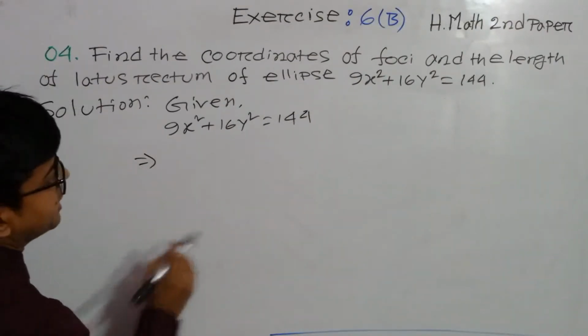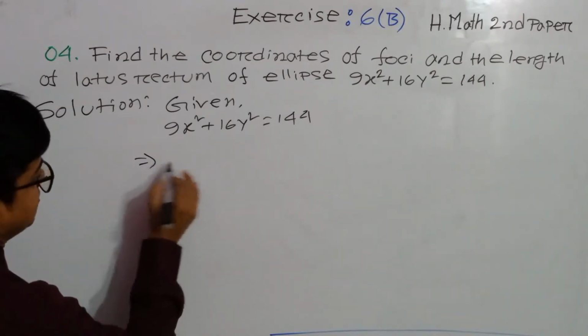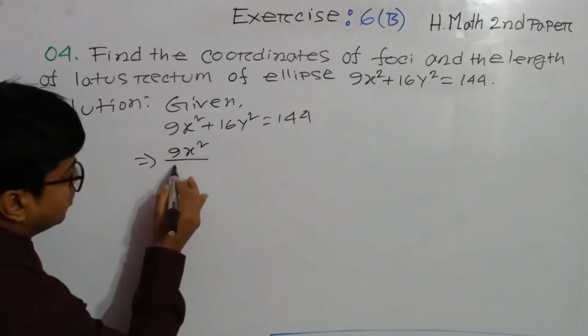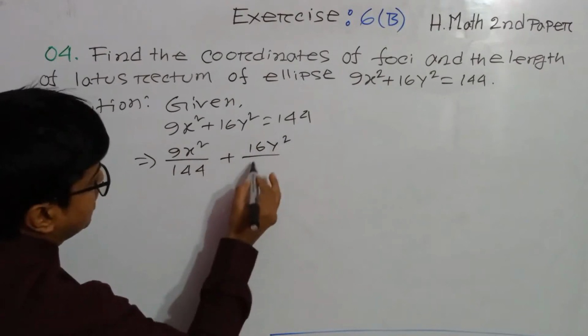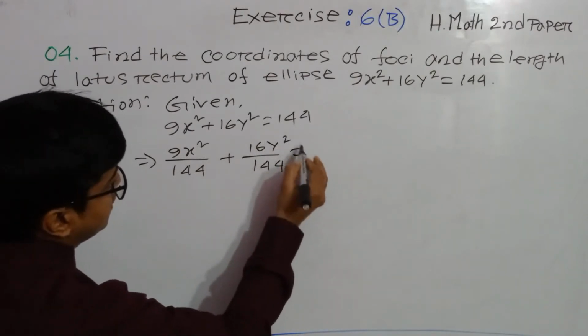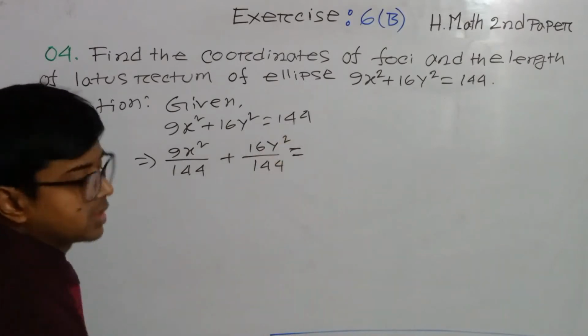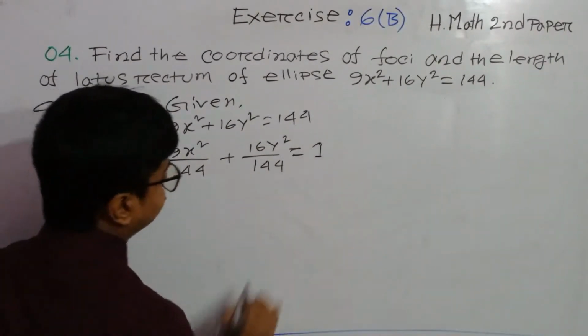Now we divide both sides by 144. So we can write 9x square by 144 plus 16y square by 144 equals 144 by 144, so it will be 1.